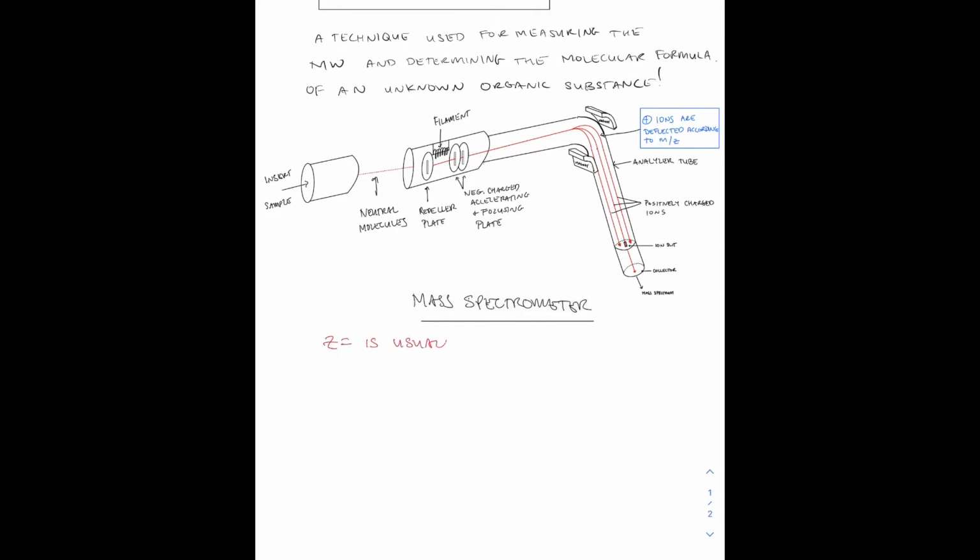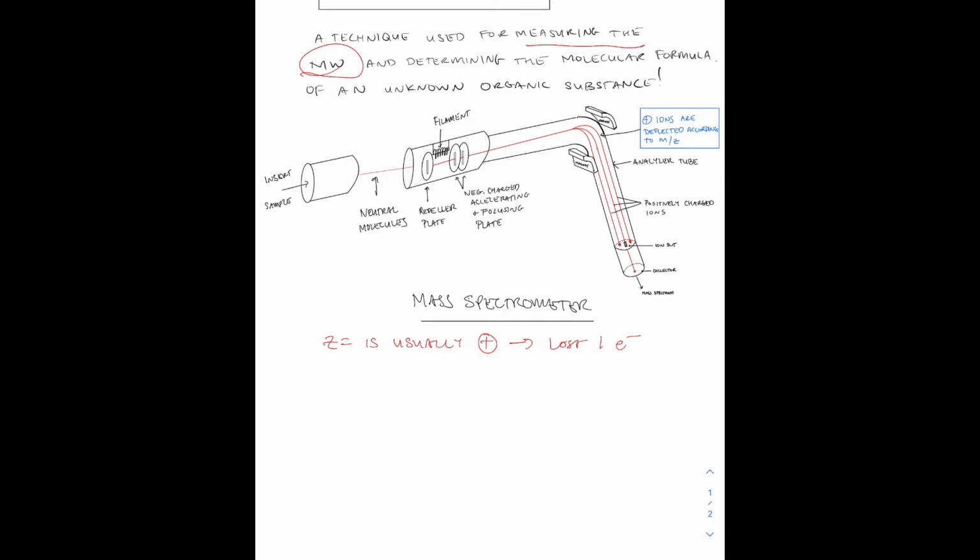So z is usually positive 1. Okay, and so this is actually really convenient because when we have a positive 1 charge, that means we only lost 1 electron, right? So lost 1 electron. And so looking at what this technique allows us to do, it basically measures the molecular weight.